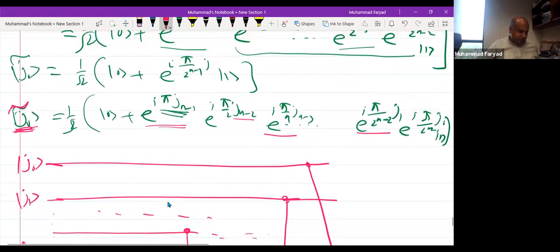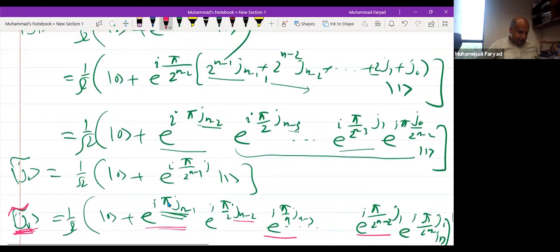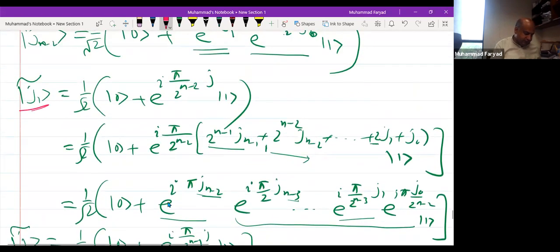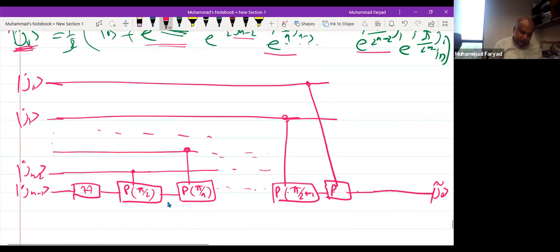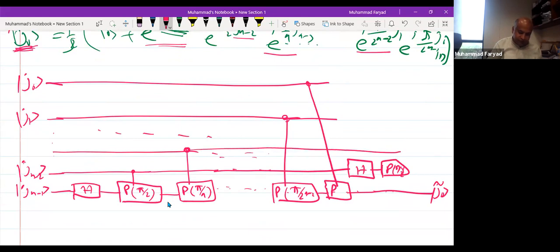Okay, the one just before it, this one, j1 tilde, has a Hadamard on jn minus 2, and then controlled gates with respect to n minus 3 and all the way up. So once I'm done with this one, we start with a Hadamard, then a controlled phase pi by 2, controlled by just the qubit above this, and then we keep going.